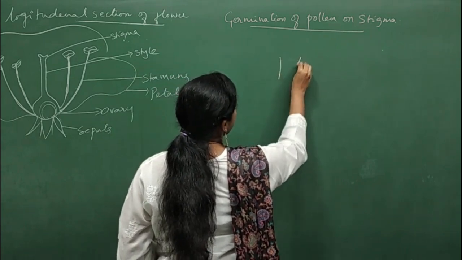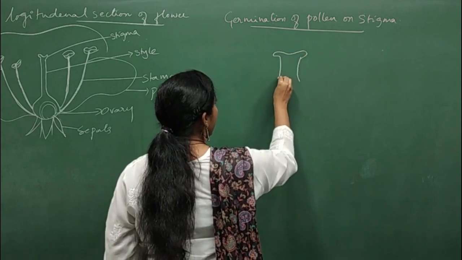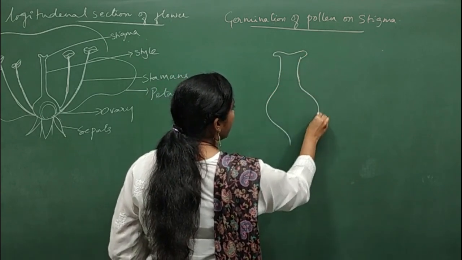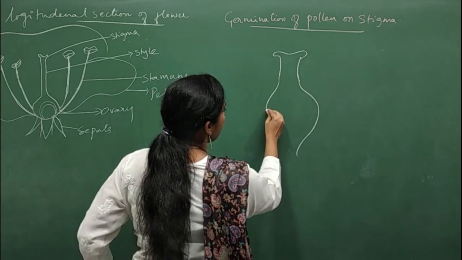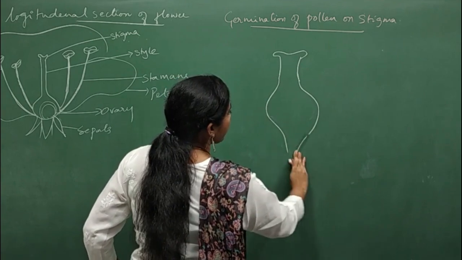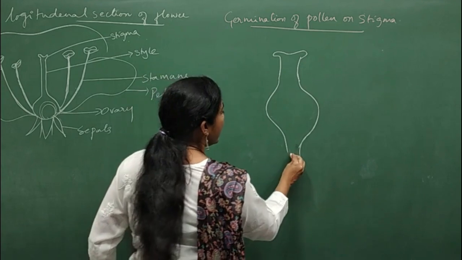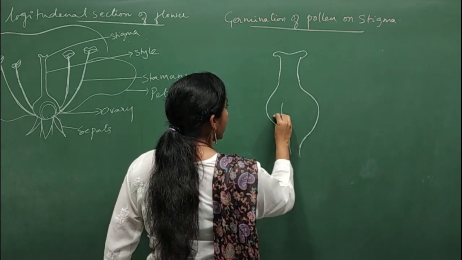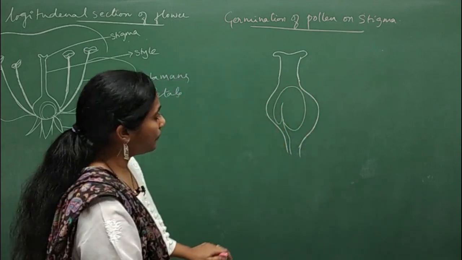So you just have to draw something like this, and this is actually our stigma, and you know this is our ovary, isn't it? So draw it much more neatly. Okay, so this is our ovary. Fine. And now something like this, and to this show it this way. Clear? Fine.